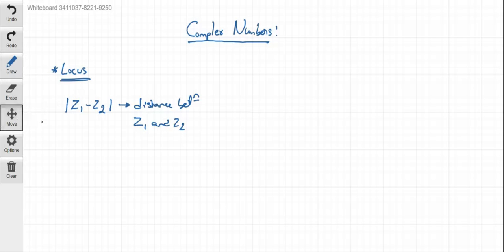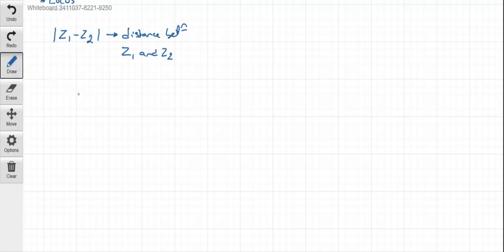Now, let's say for our instance, the modulus of z minus 1 is equal to the modulus of z minus 2. So this is an example I want to start off with.